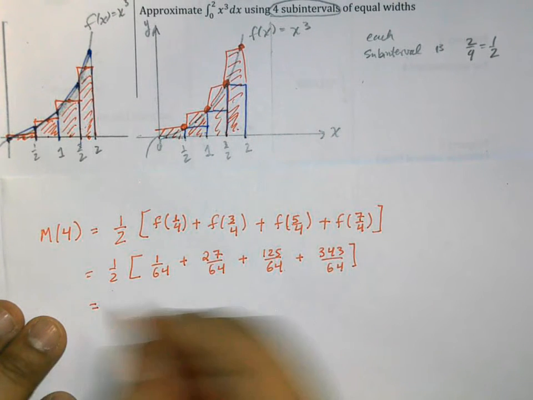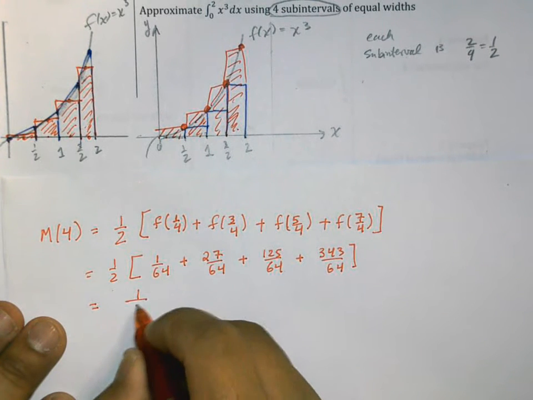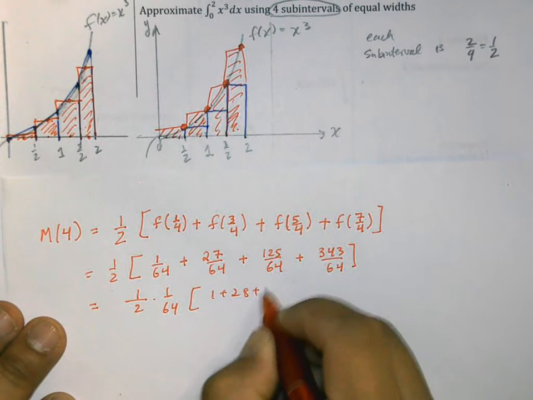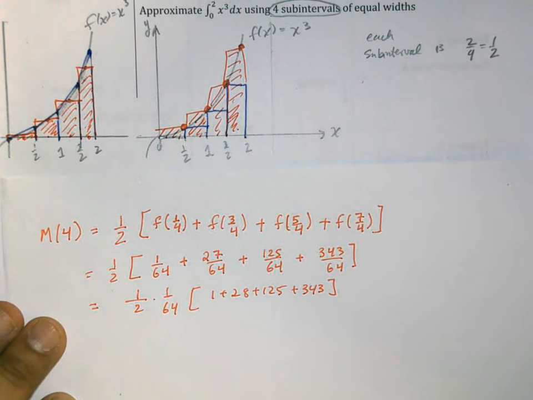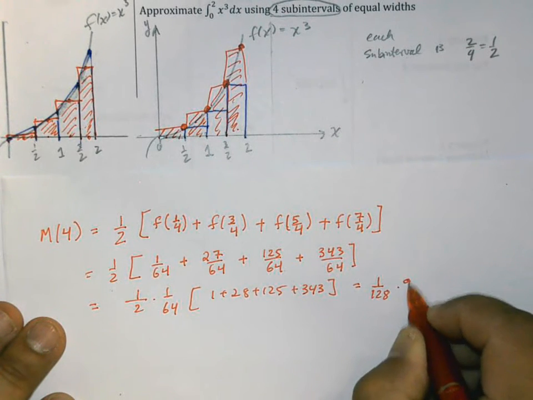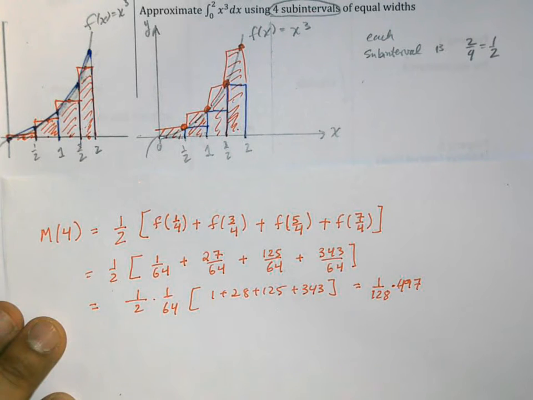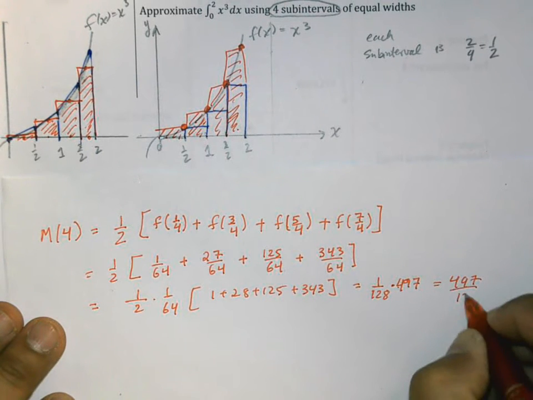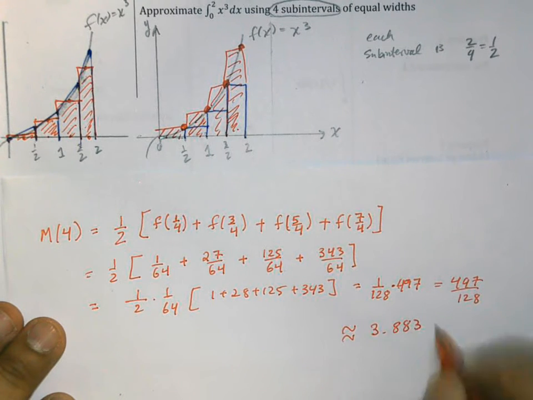If you had to do this on a non-calculator multiple choice, well, we could factor out 1/2 and 1 over 64, and just add all this up: 1 plus 27 plus 125 plus 343. And adding all of that up will give us 1 over 128 times 496, which is 497 over 128. For the decimal approximation, it's about 3.883.